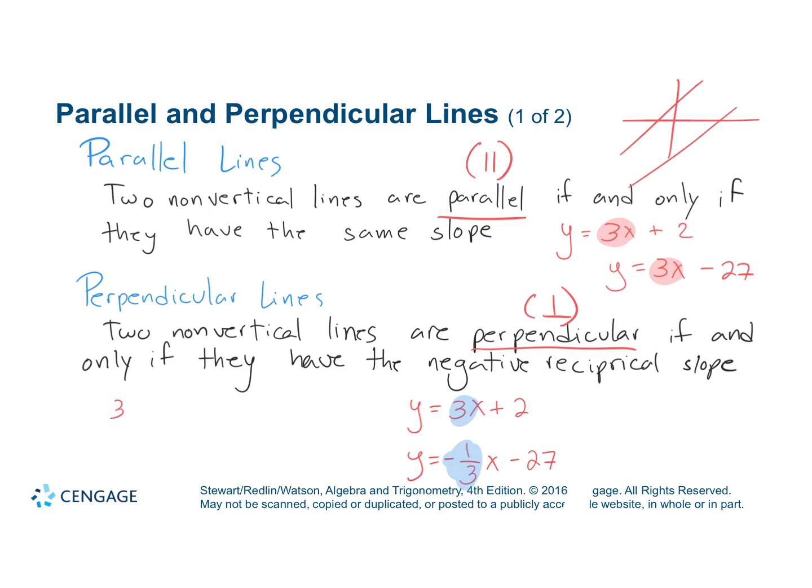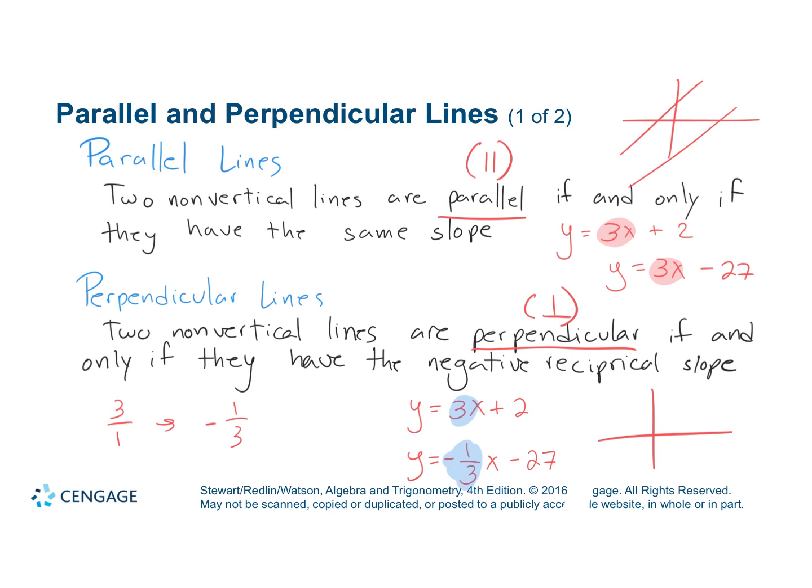Remember, in this case 3/1, when we do the reciprocal, it's 1/3. But it has to be the negative, so we put a negative in front of it. If you have a fraction like 2/7, it would become negative 7/2, and so forth. The key part is it's the negative reciprocal, so you do have to flip it over, and you have to make it negative. Now for the perpendicular, they can have the exact same y-intercept, because if the y-intercept is right there, these two will make a perpendicular line because they form a 90-degree angle.